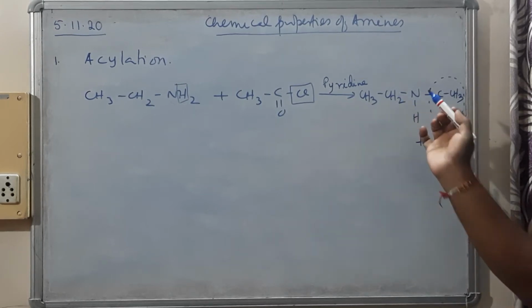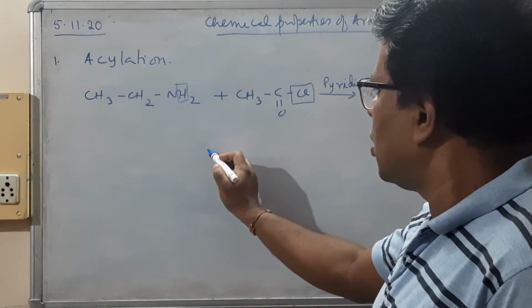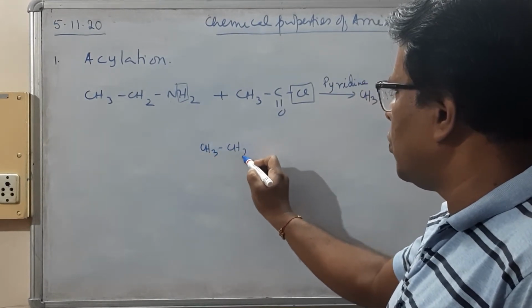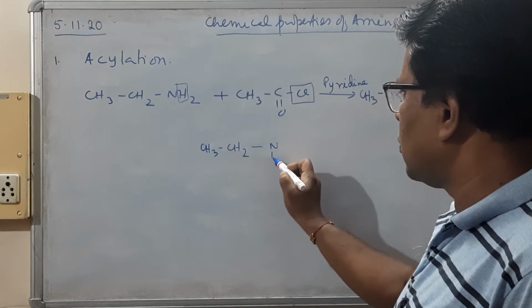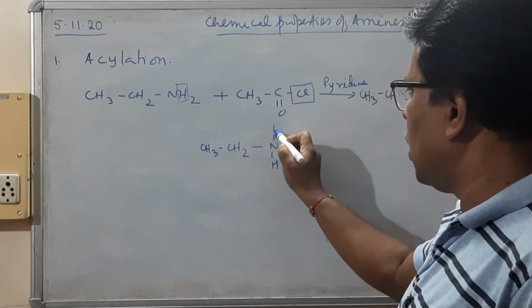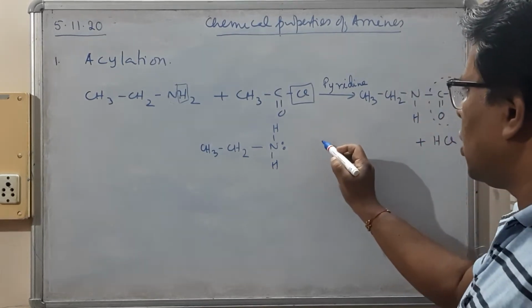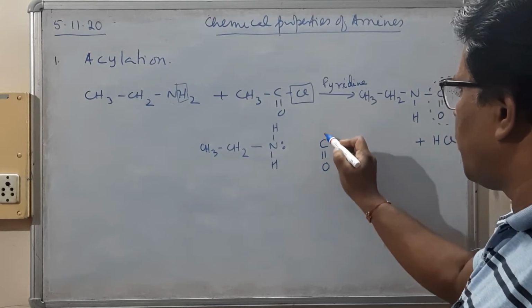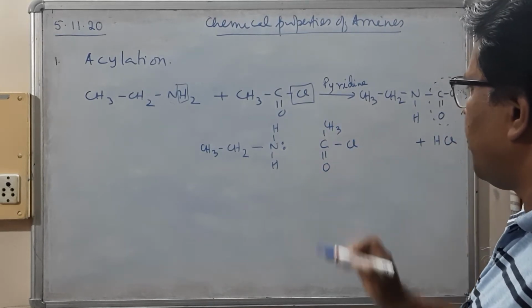Now, how does this actually happen? A little bit of small mechanism is involved. Is CH3, CH2, N, H, lone pair, and then C double bond O, CH3, Cl.